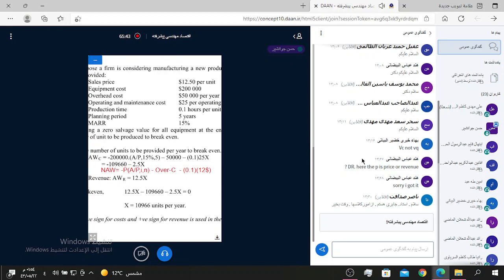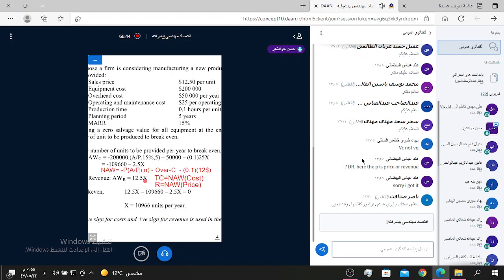TC is NAW cost, or revenues is NAW price times X, the number of units.